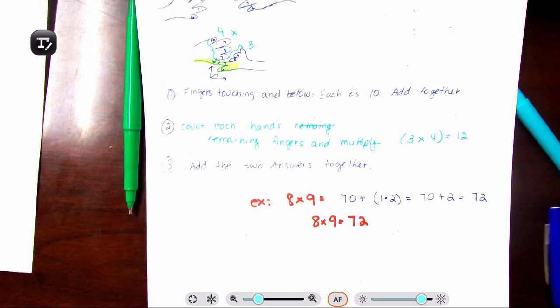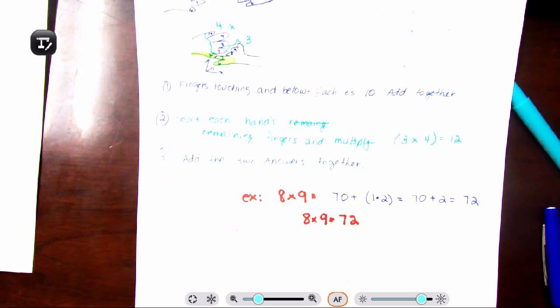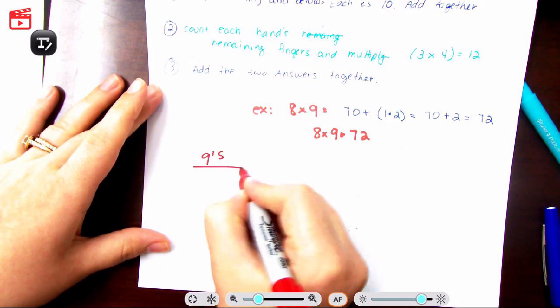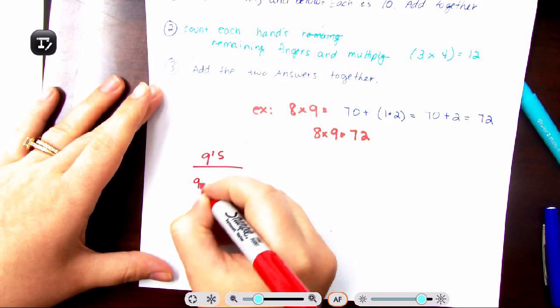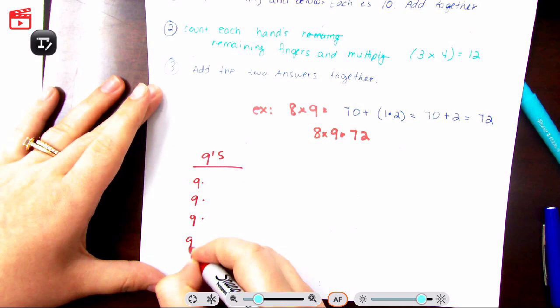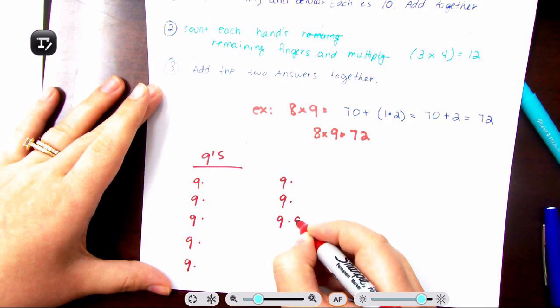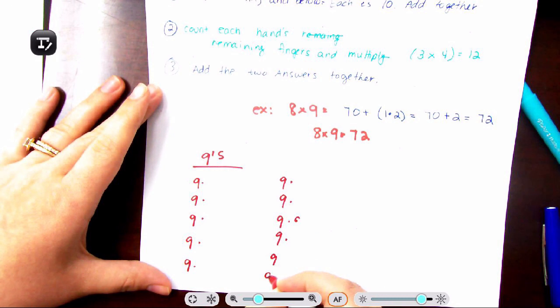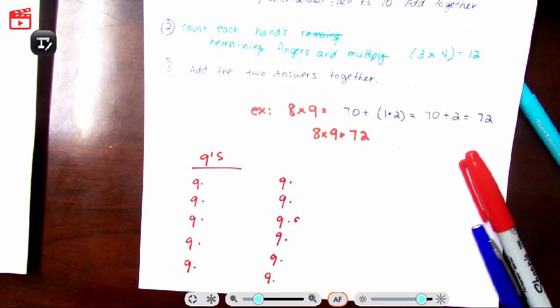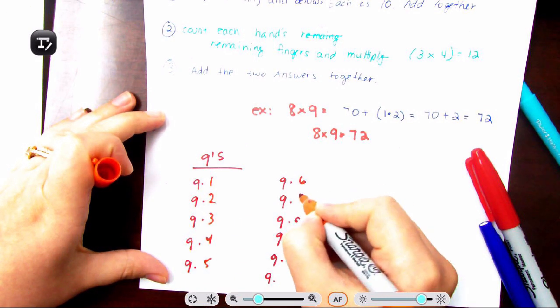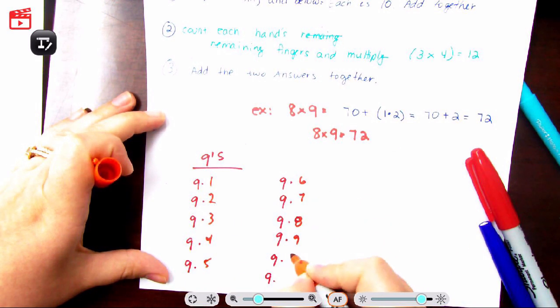Quickly, let's go over the trick for 9s. So I'm going to say 9, 9, 9, 9, 9, 9, 9. Okay, and we're going to multiply that by 1, 2, 3, 4, 5, 6, 7, 8, 9, 10, 11.